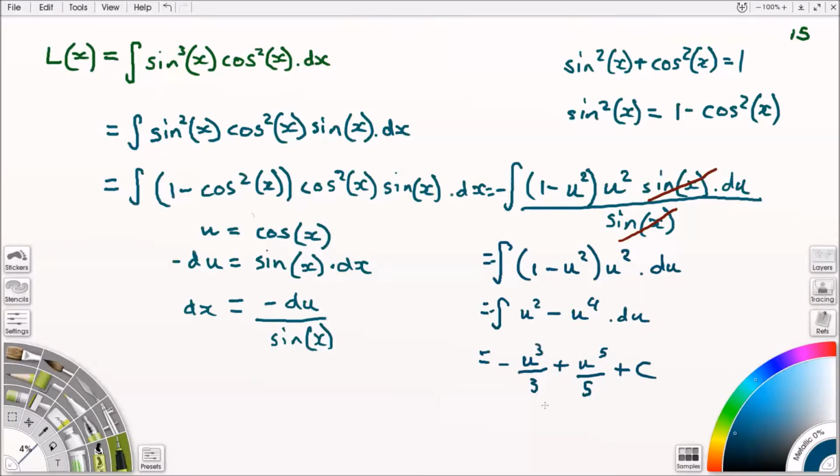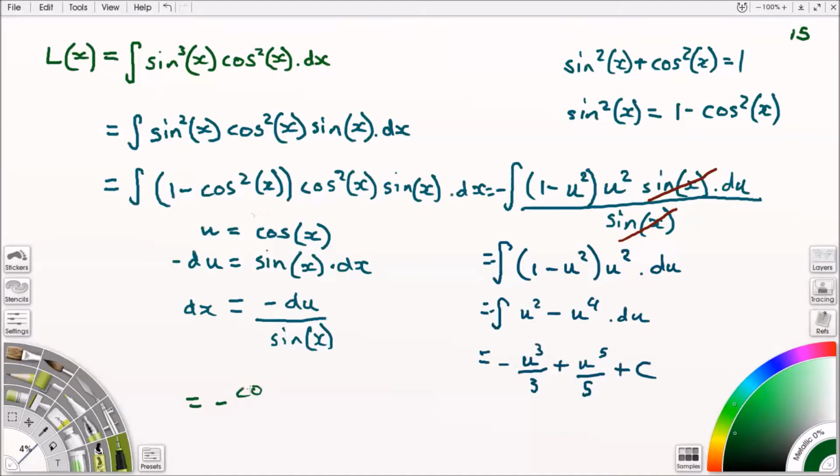Oh, yeah, I was just about to check my answer, and I was like, oh, it's a bit different from what I got earlier today, but that's just because we have to substitute u back in. So our answer ends up being negative, well, what was u? Cosine.